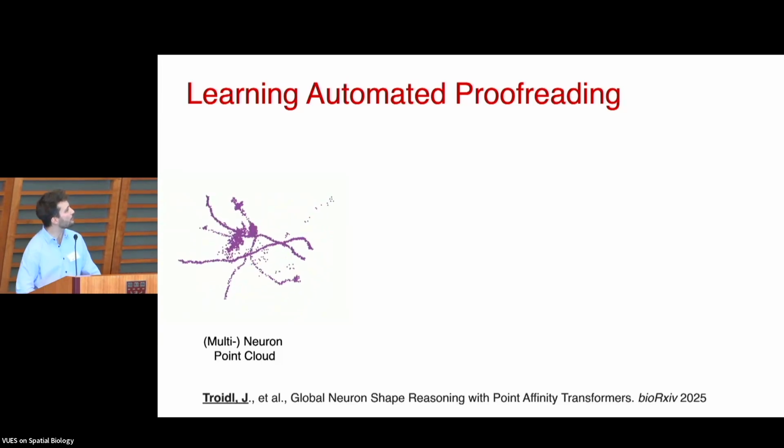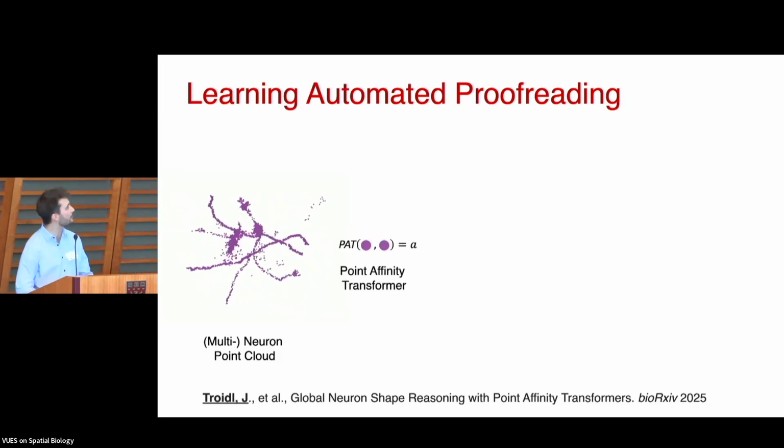In our preprint that is mentioned here at the bottom, we developed a machine learning model called the point affinity transformer. Using it, we can give this whole point cloud as context to the model and then ask for a pair of points that we randomly pick from that point cloud: how likely is it that those two randomly picked points belong to the same neuron or not?